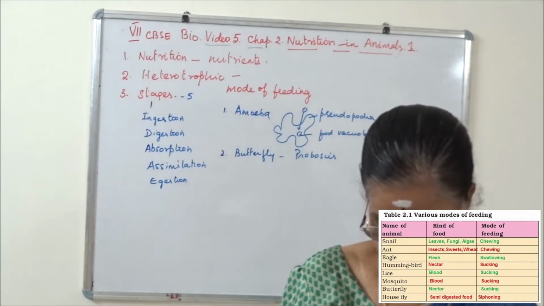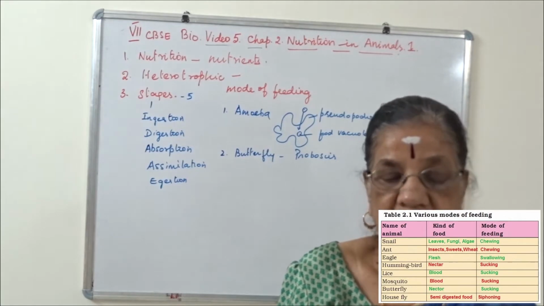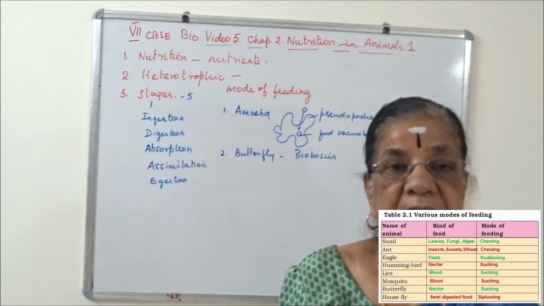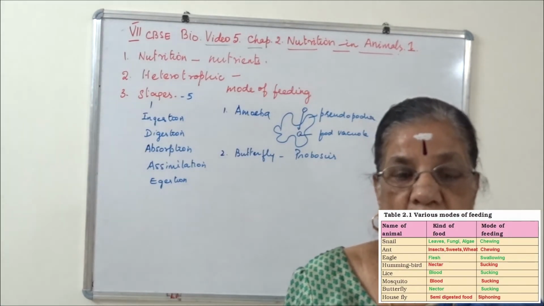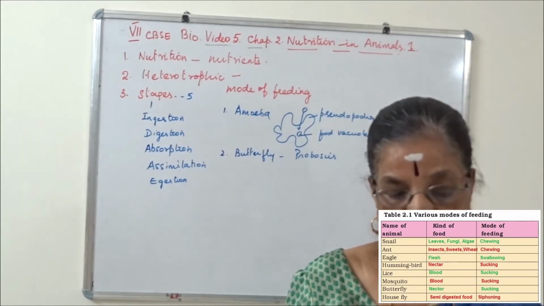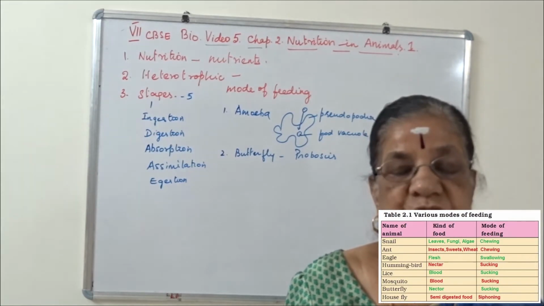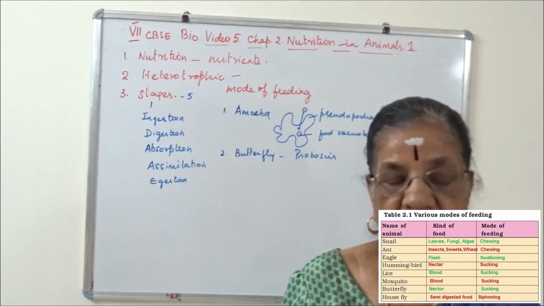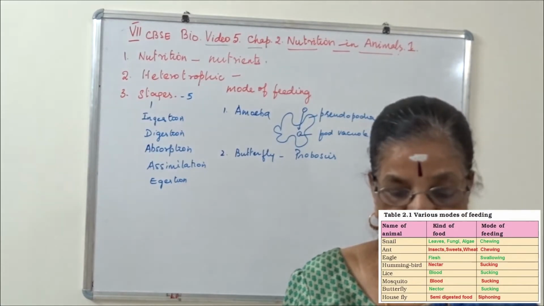Are you clear? Then we fill up this activity table 2.1. Another amazing fact given: starfish feeds on animals covered by hard shells of calcium carbonate. After opening the shell, the starfish pumps out its stomach through its mouth to eat the soft animal tissue inside the shell.